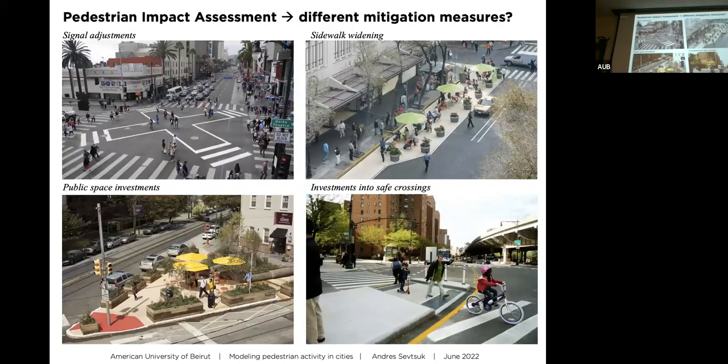And so just like we do with traffic impact assessments in cities around the world, our hope is that this sort of analysis can be brought to pedestrian impact assessment.